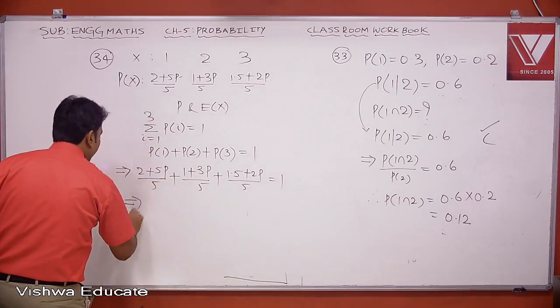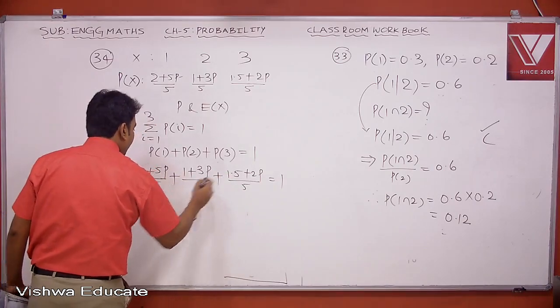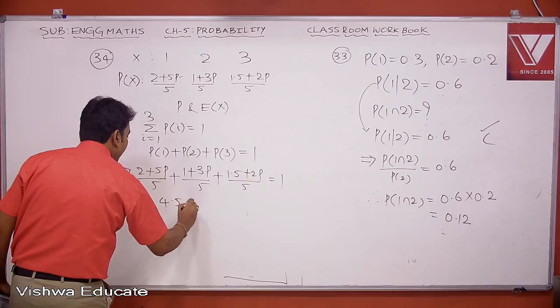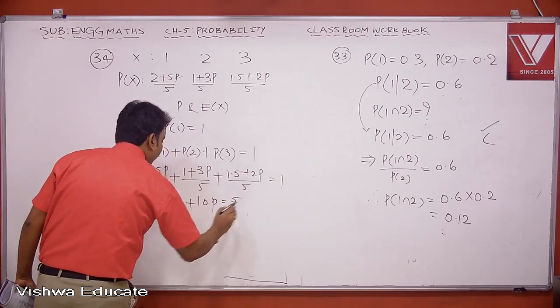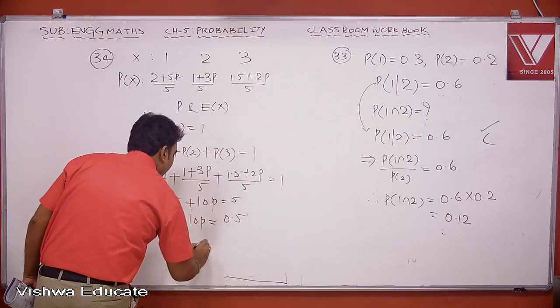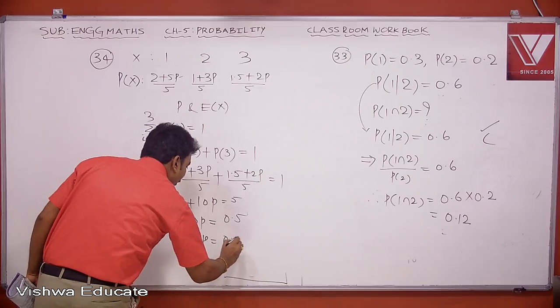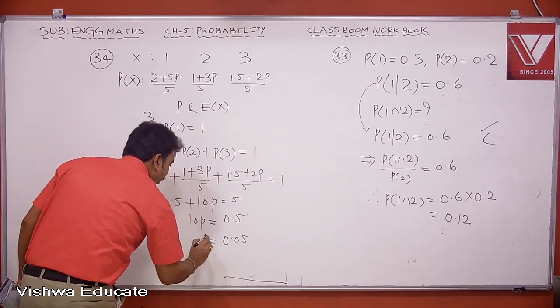Now denominators are the same, so add the numerators: 2 plus 1 plus 1.5 is 4.5, and 5p plus 3p plus 2p is 10p, equal to 5. So 10p equal to 0.5. Therefore the value of p is 0.05.